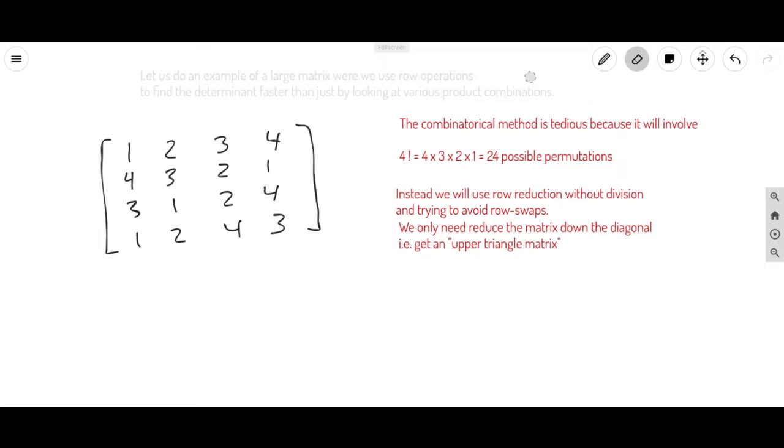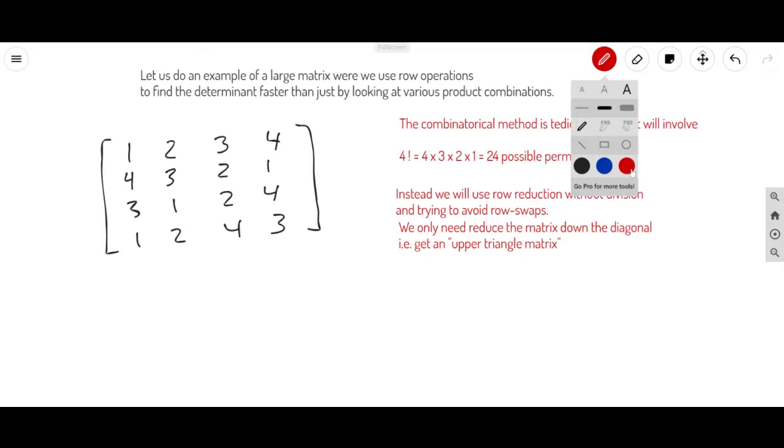So row reduction, we have a 1 in the upper left corner. I'm going to do this rather quickly because I assume everybody knows how to do it. So we have a 1 in the upper left corner. We want to fill these with zeros. So the way we do it is we multiply the first row by -4: -4, -8, -12, -16.